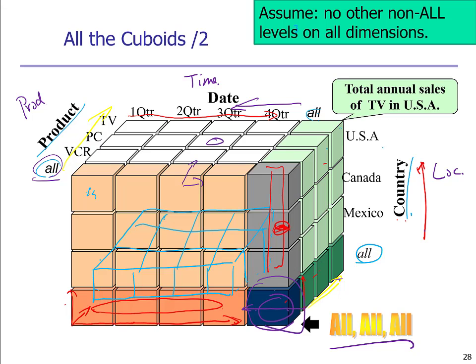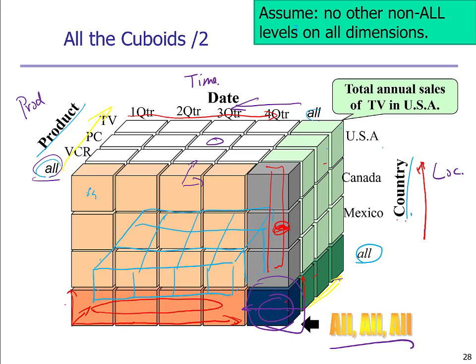Now, say this dark blue one, right? It is the total sales in all countries in the whole year for all the products, right? So 3 alls, but they are all level names.